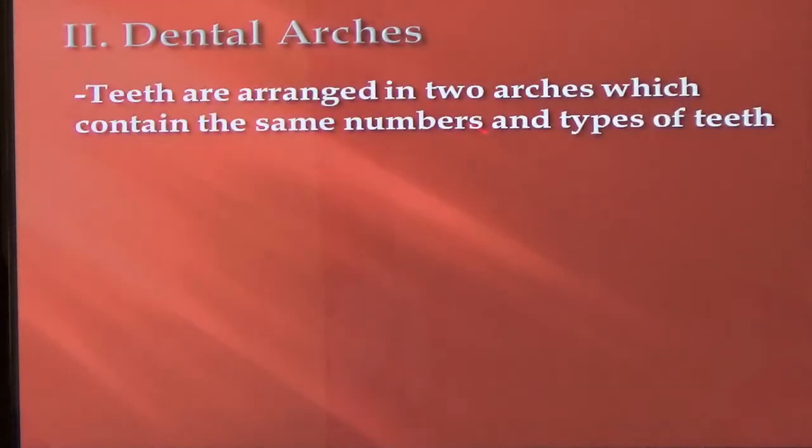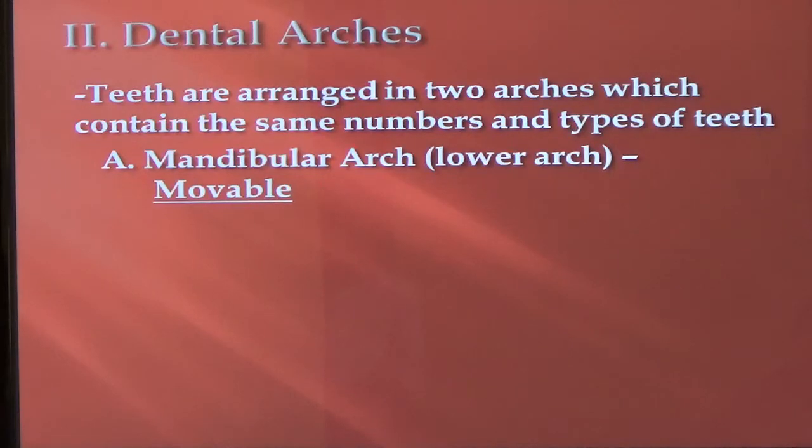Teeth are arranged in 2 arches, upper arch or lower arch usually, or maxillary is upper, and mandibular, because of the mandible, is lower. The mandibular arch is the lower arch, which is the movable one. That's the only part of your head that moves, your mandible. Everything else, all the other bones, are stuck together.